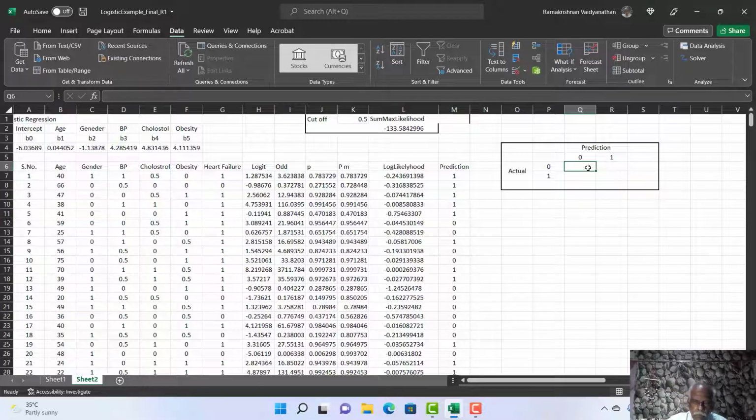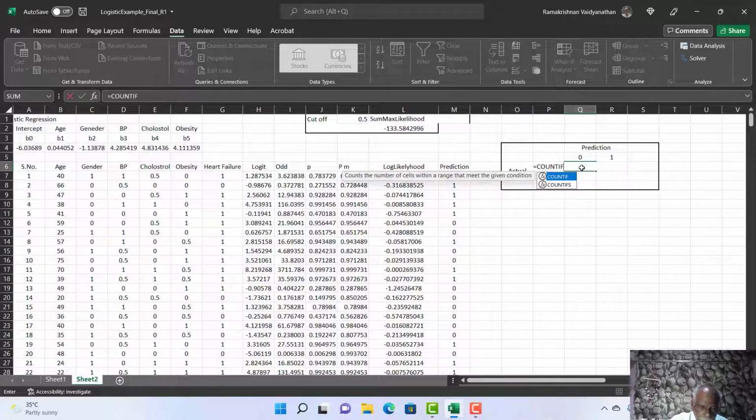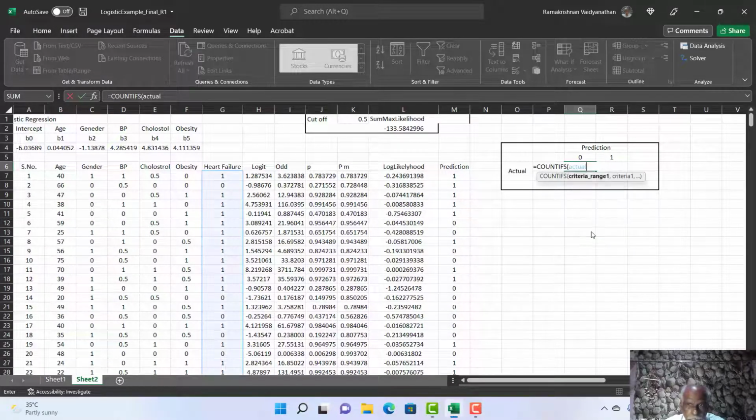Now I have to count how many of them are matching. This one and this one are matching. How many of them, 0 and 1, are matching? I am going to fill it. So equal to COUNTIFS, actual is equal to, the actual range, comma, that is equal to this P6, right?